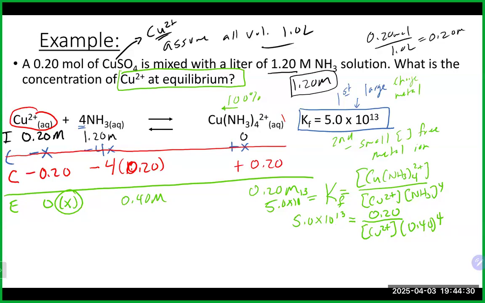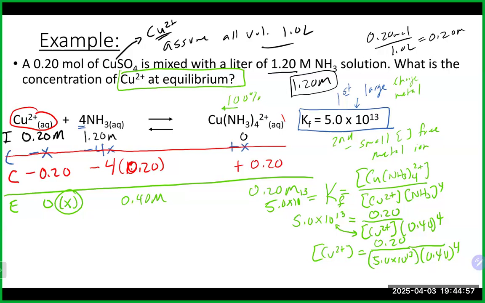Mathematically speaking, multiply one to one side, divide by the other. These two guys end up switching places, basically. You multiply the copper 2 to the other side, and you divide by the 5 times 10 to the 13, and those guys just switch places and are 0.4 to the fourth, basically.